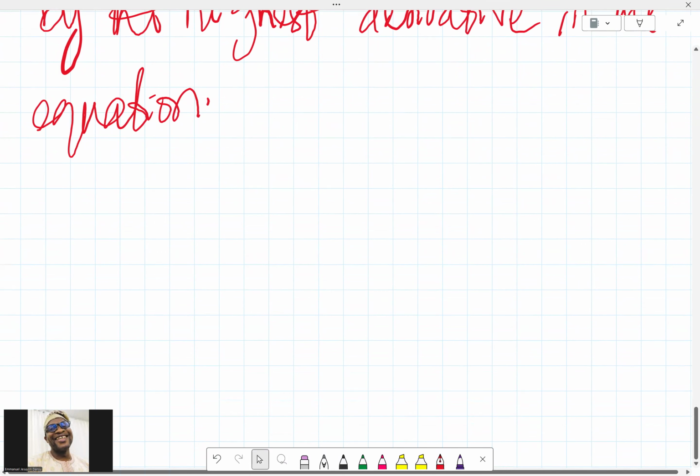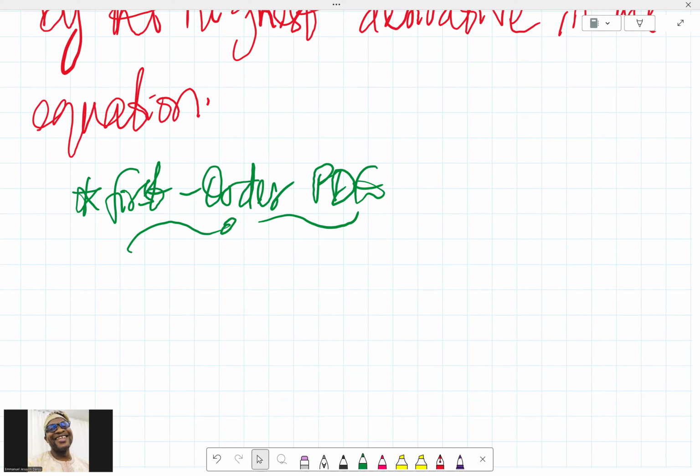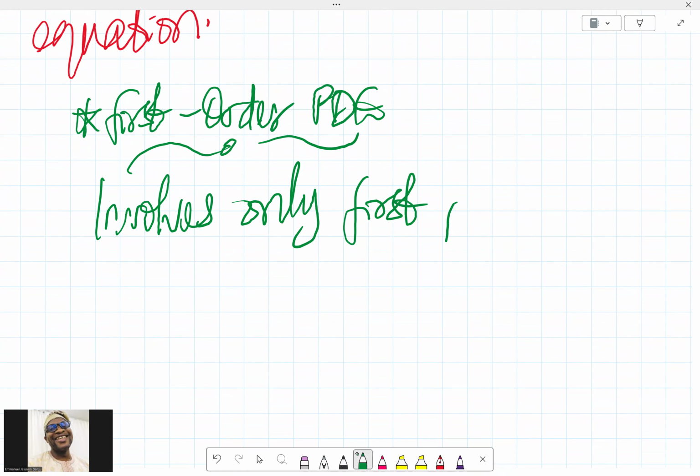Okay. So for instance, we have first order PDE. A first order PDE involves only first partial derivatives.